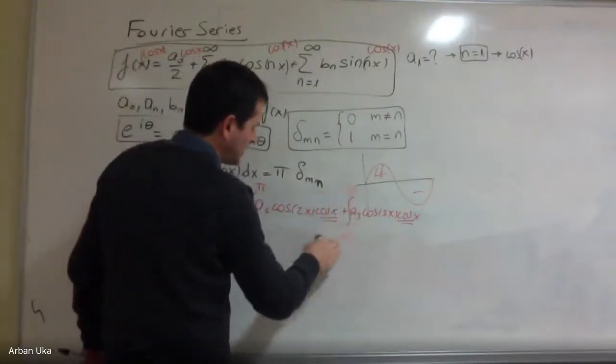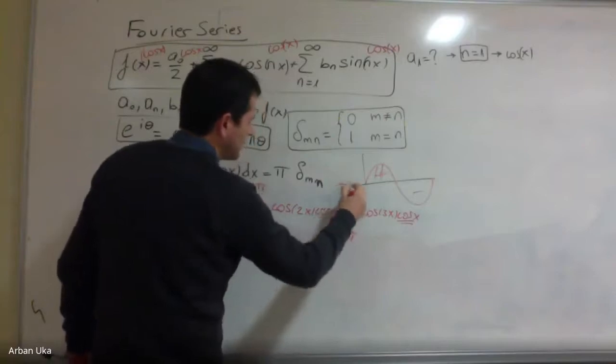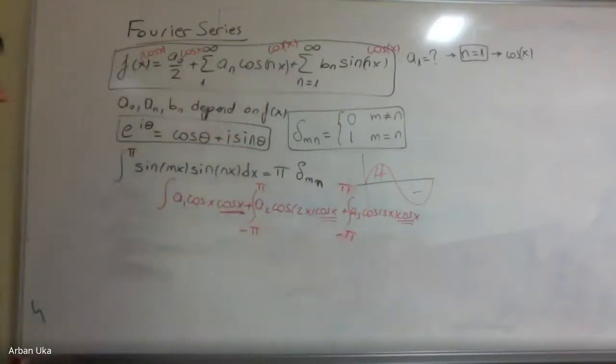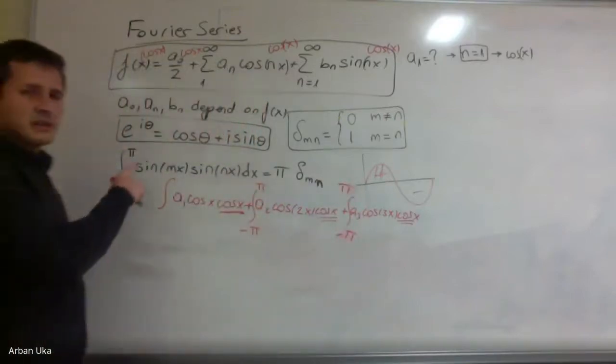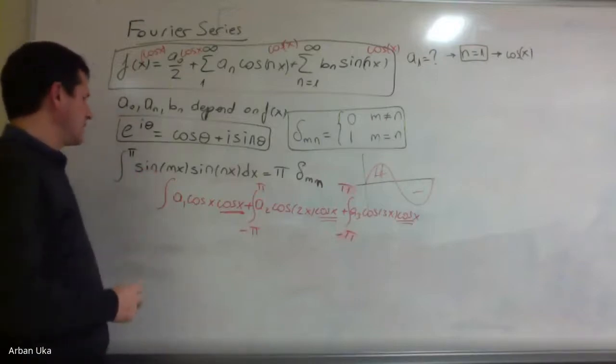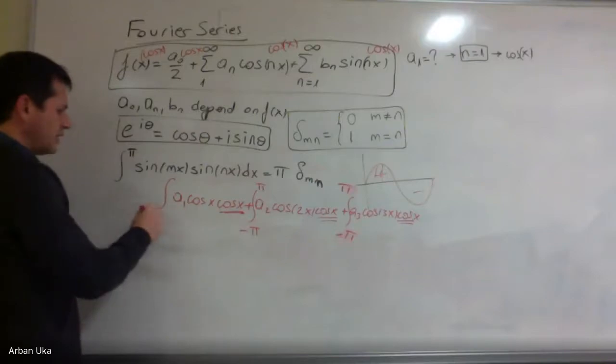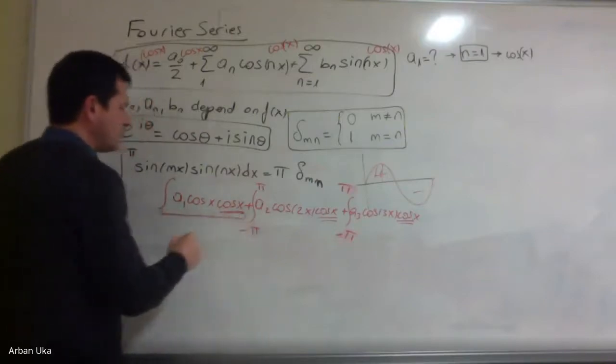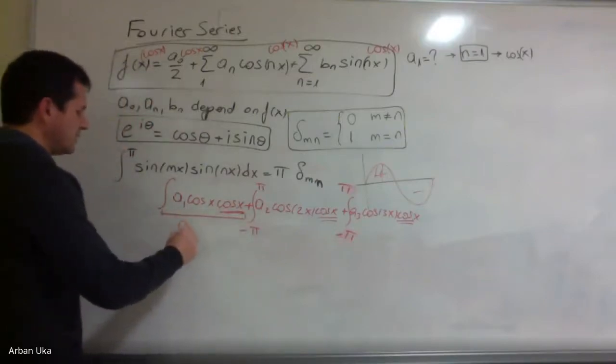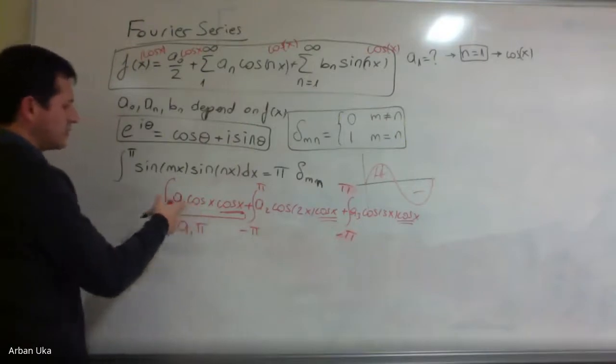For the moment, let's keep this one as the domain. And then, based on the orthogonality relationships that we got here, we can get A1, we can get this out, but this is going to be A1 times pi, okay, from this integral.